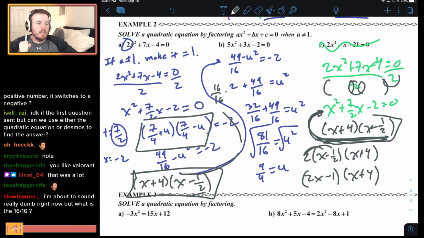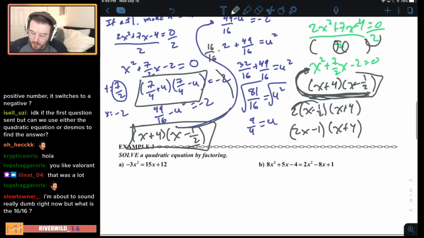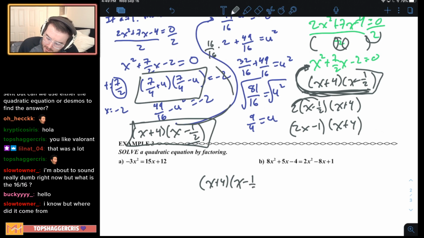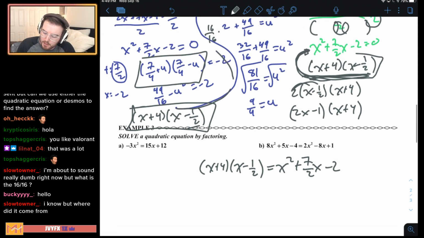Ooh, baby, we did it. Check this out. X plus 4 times x minus a half is the same thing as x squared plus 7 halves x minus 2.